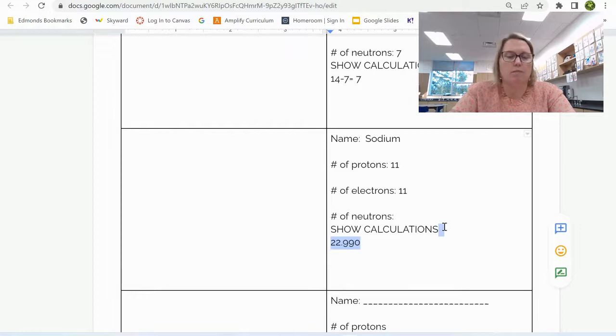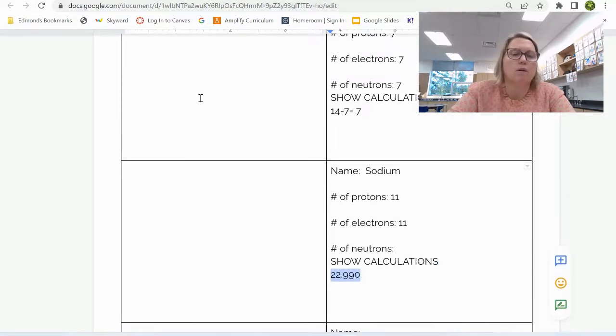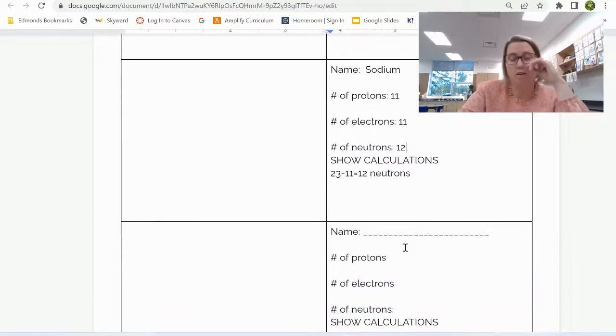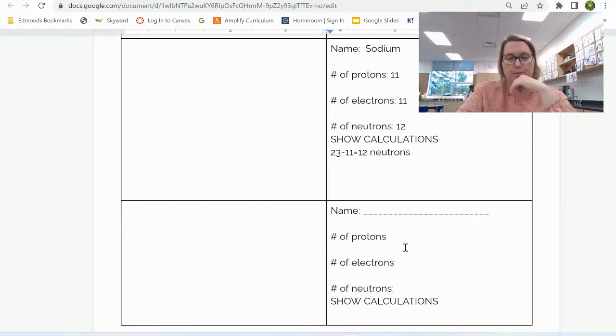I'm going to try to strike through so you can see. That's fine, I'll just do it like this. 23 minus 11: 3 minus 1 is 2, and 2 minus 1 is 1, so that would be 12. There are 12 neutrons, so I would put 12. That is cool, because you can calculate the number of neutrons.